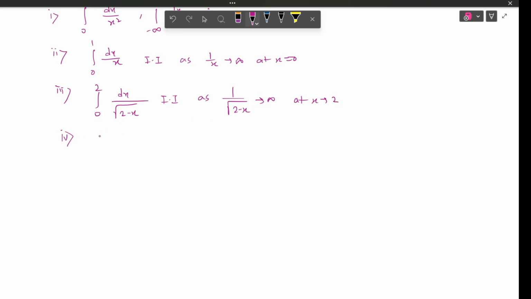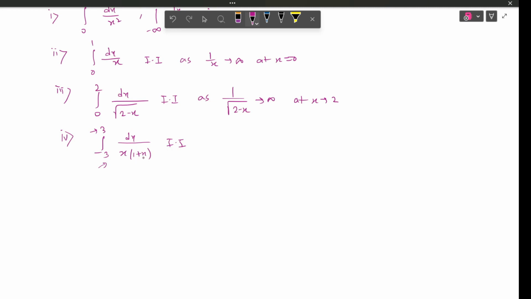Now if we take another example, let us say we have minus 3 to 3 dx by x into 1 plus x. This is also an improper integral, because initially we can see that the lower limit is finite, the upper limit is finite.